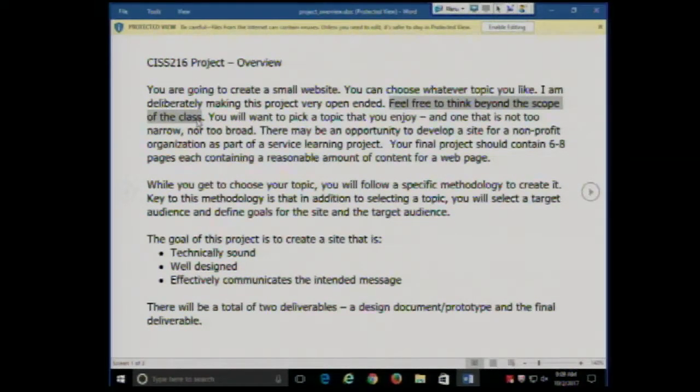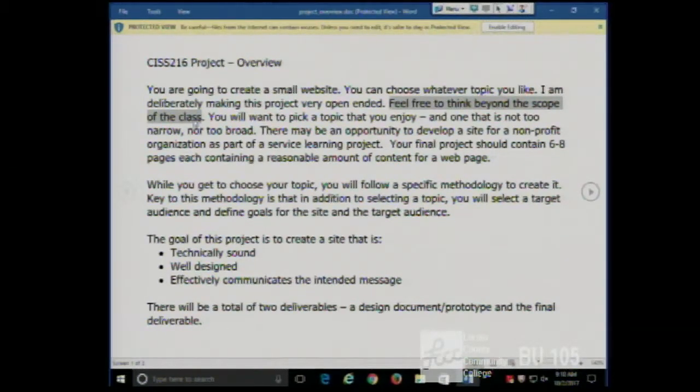I know everyone has other responsibilities, everyone has other classes, so it's not meant to be that mammoth of a task. So I think 6 to 8 pages is sufficient to develop a small website that talks about some problem or situation or topic, maybe, in sufficient detail for this course. We're going to talk about the specific methodology in a minute here.